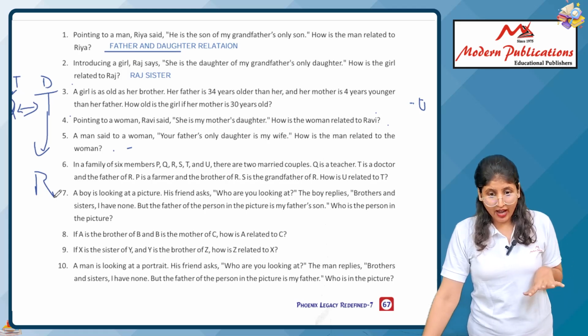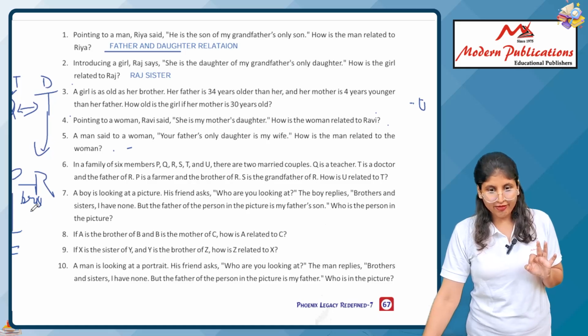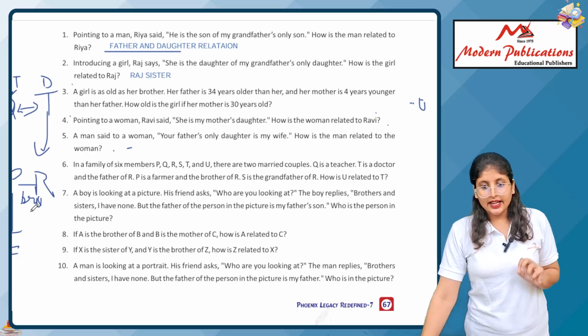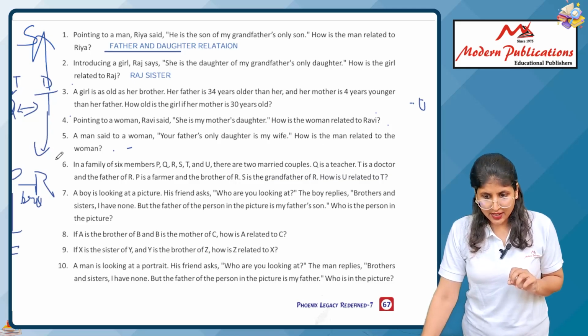P is the farmer and the brother of R. So R's brother is P, and P is a farmer. Next, S is the grandfather of R, which means T's father is S. Okay. How is Q related to T?